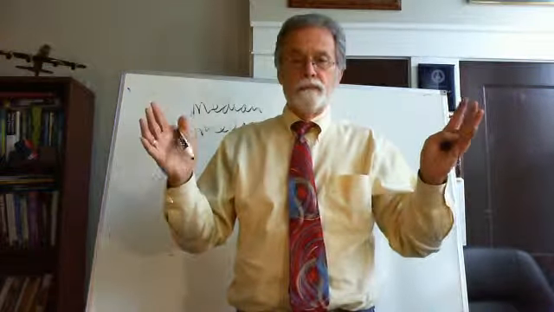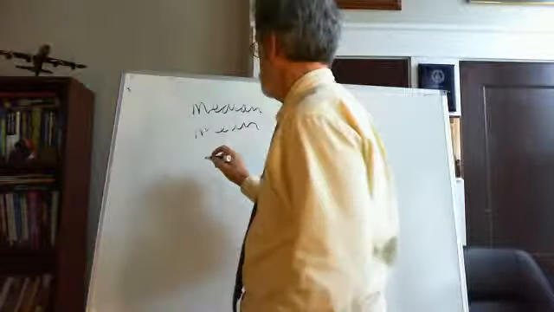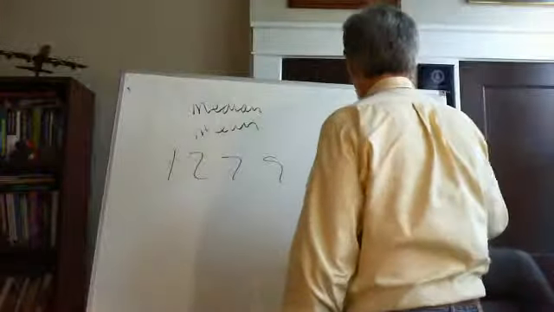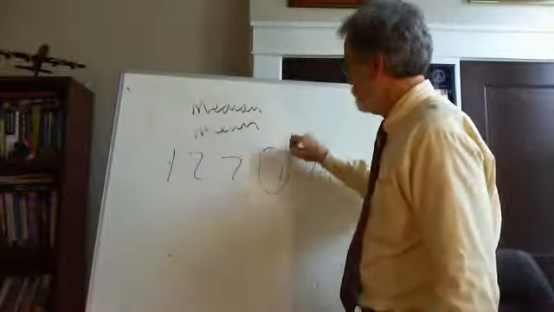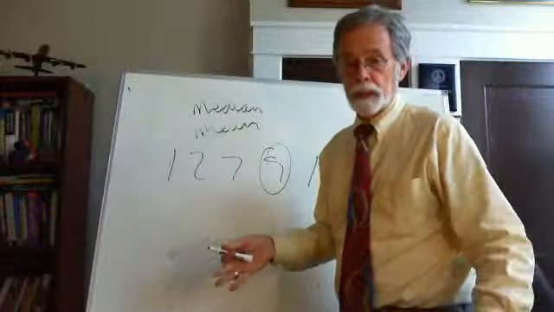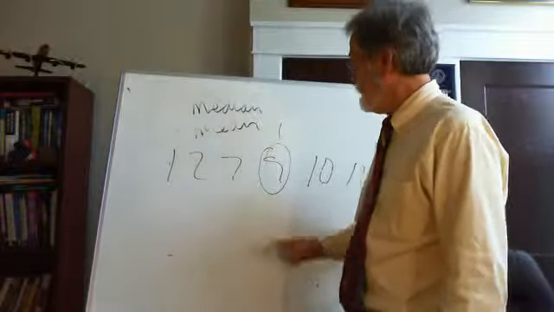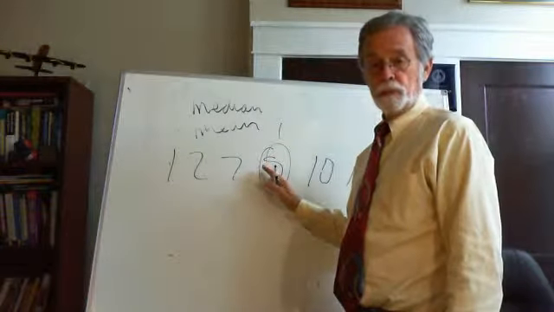So if for example we had this one here, 1, 2, 7, 9, 10, 11, and 15, 1, 2, 3, 4, 5, 6, 7, we know that this is the median. We could do the formula because we already have. I'm just saying this is the median. That's a geographic center of that distribution.